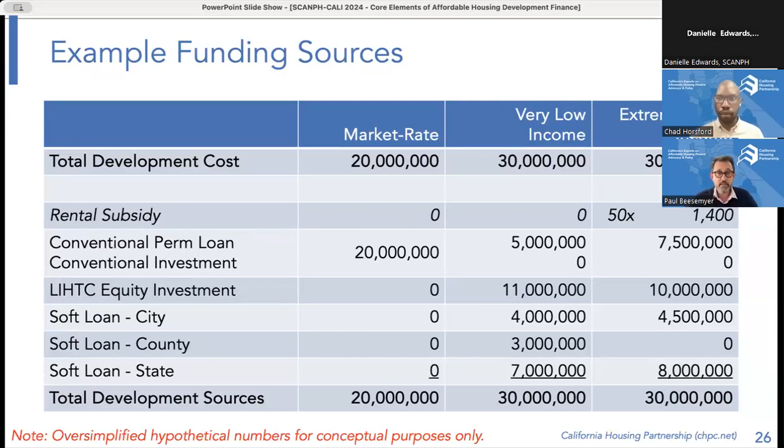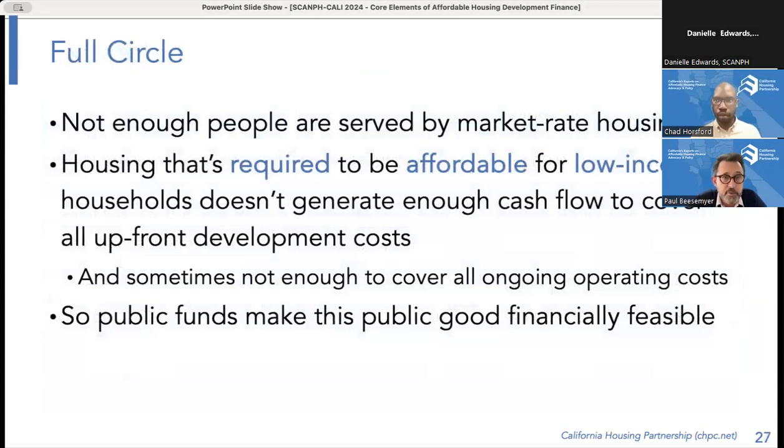So let's go to our last slide, and then I'm a little bit over time and we'll pause for questions. So that's the blitzkrieg through housing affordability and financing sources, but it's a decent place to start. And I hope it sets everyone up well to move forward in this training series that SCAMP has.